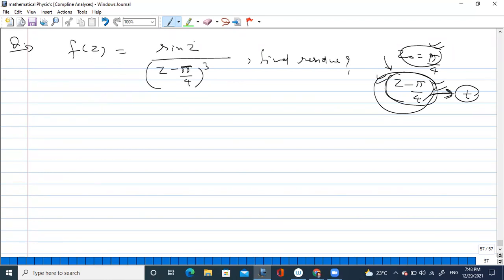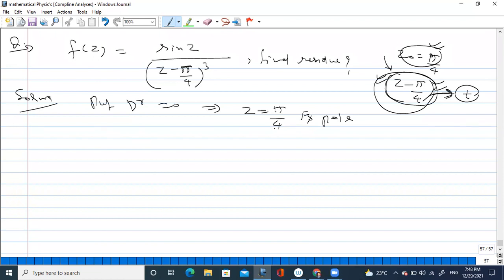This is the question. Okay. If f(z) is given as sin z by this, the series will be about the pole only, if you can find the pole. So here, put the denominator equal to 0. So from here, z equal to pi by 4 is the pole. This is the pole.